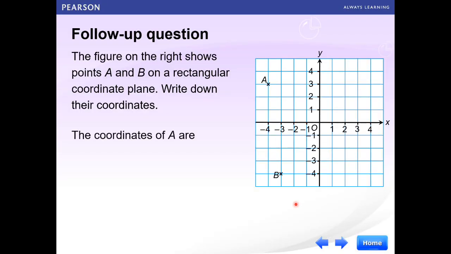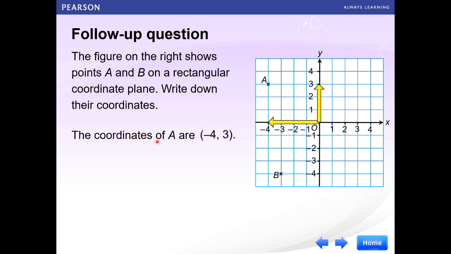For the coordinates of A, first have a look at the numbers on the x-axis. So you will get -4 first, and then take the number on the vertical line. This is 3. Write down -4 first and then 3. And don't forget the bracket and also the comma.